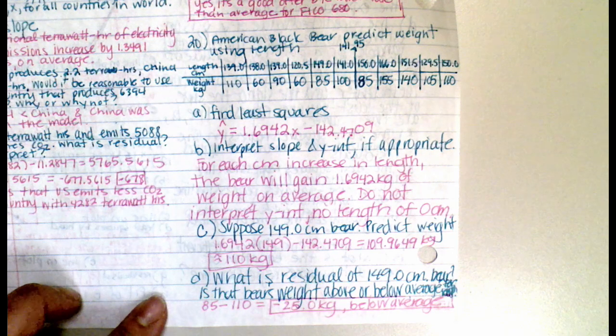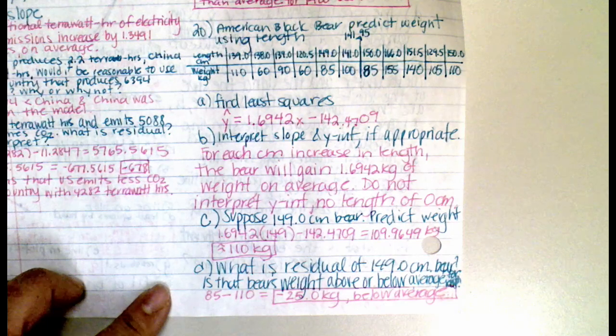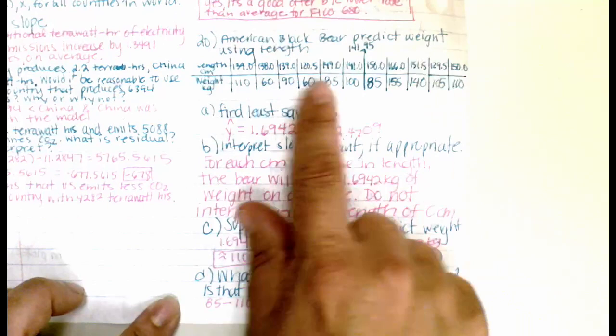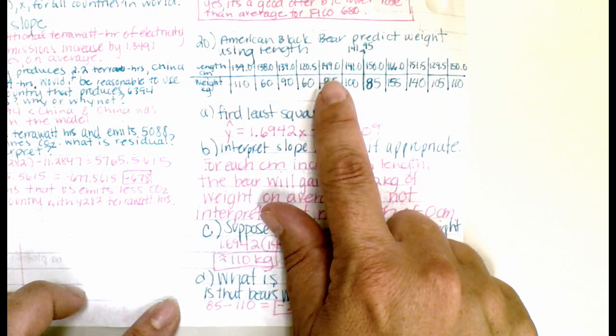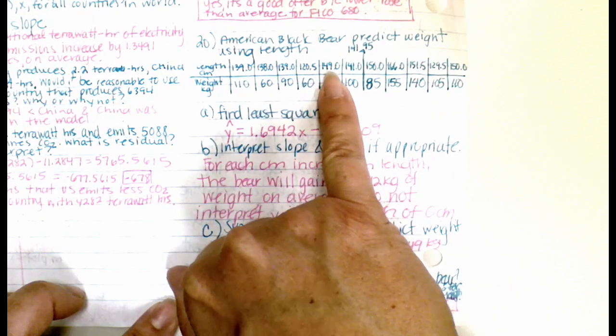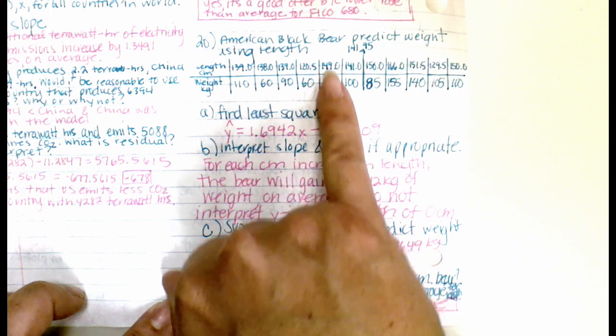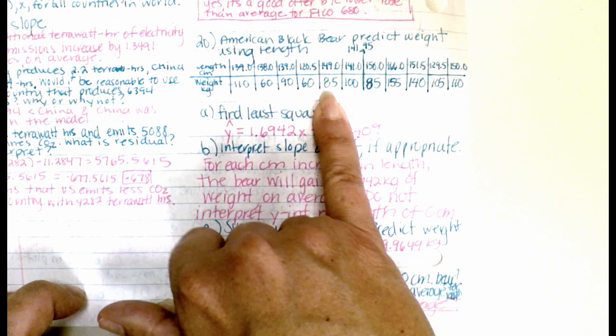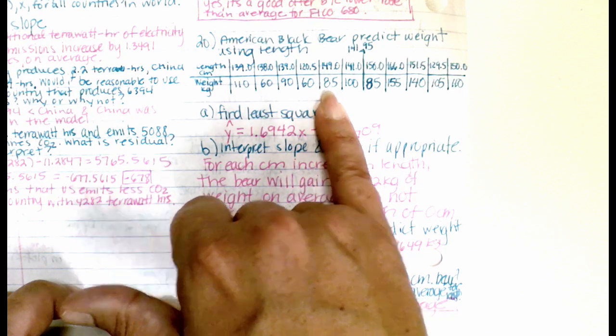Part D, what is the residual of the 149 centimeter bear? So residual, remember, is the actual value minus the predicted value. So for the actual value, I have to get that from the data. So 149 centimeters, there is a data spot. The weight is 85 of that actual bear that was measured and weighed.